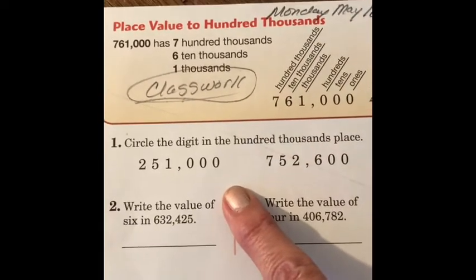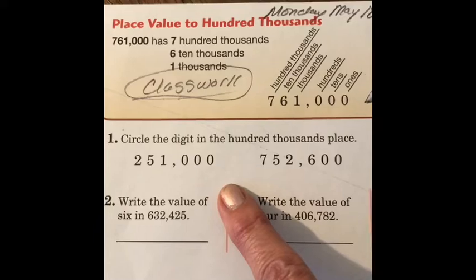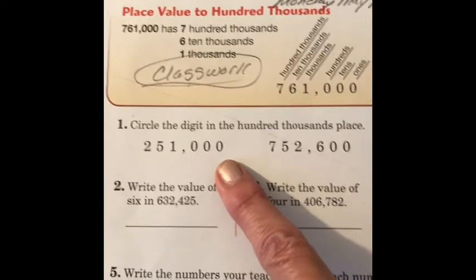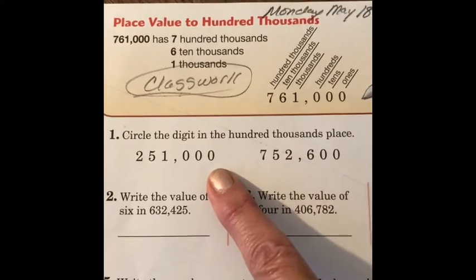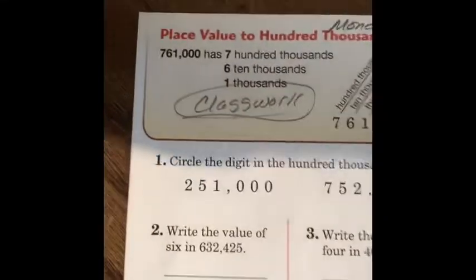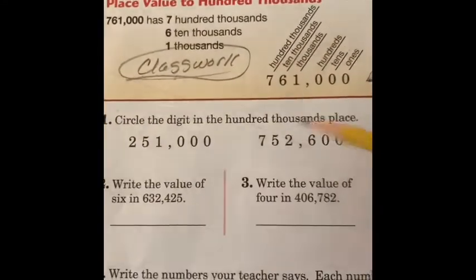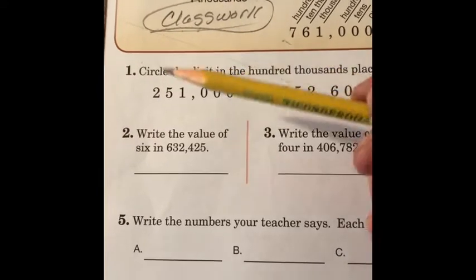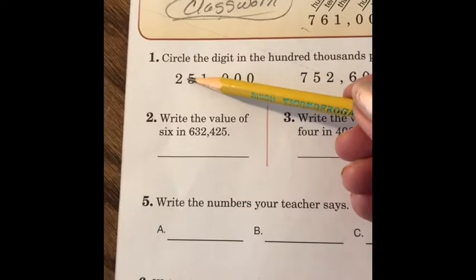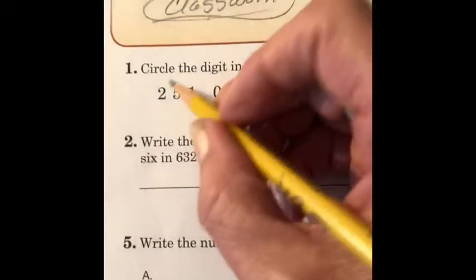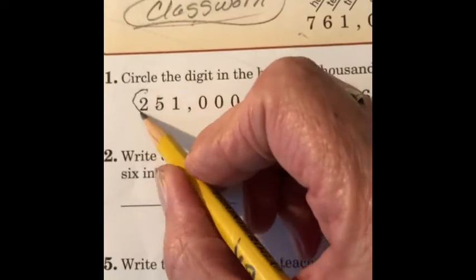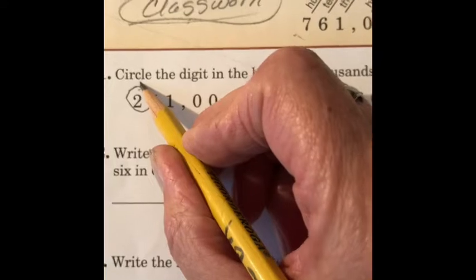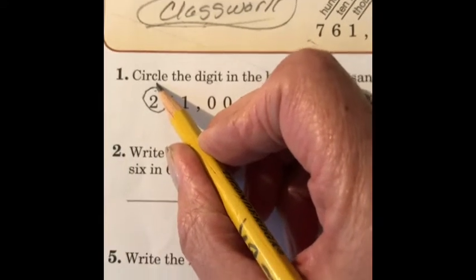Okay, circle the digits in the 100,000 place. So which one would be in the 100,000 place? So again, the first one is the 100,000 place. If we look over here and we see the first one, that would be 2. So 2 would be in the 100,000s place.